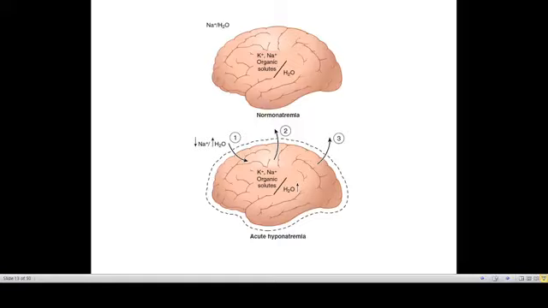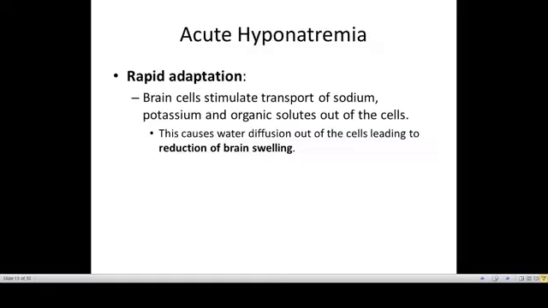The brain tissue responds by rapid adaptation. During rapid adaptation, brain cells stimulate transport of sodium, potassium, and organic solutes out of the cells. This causes water diffusion out of the cells, leading to reduction of brain swelling.